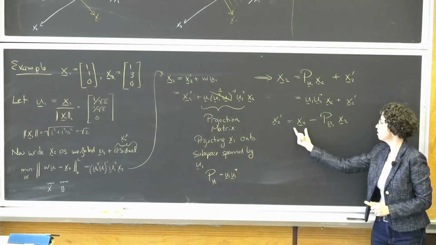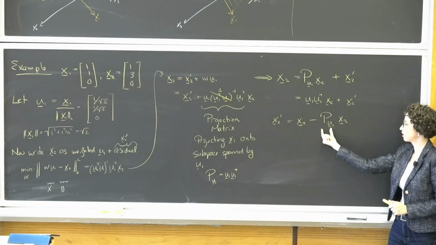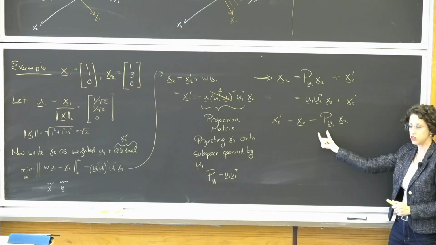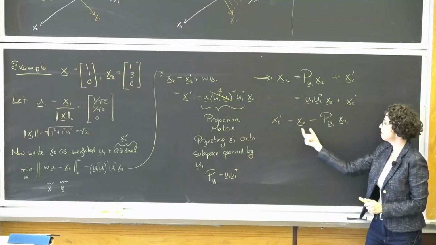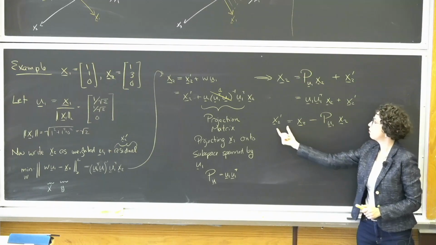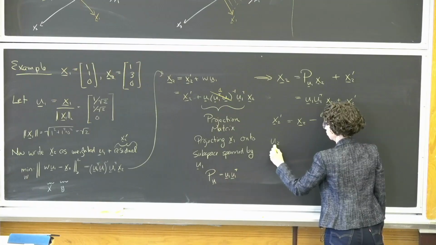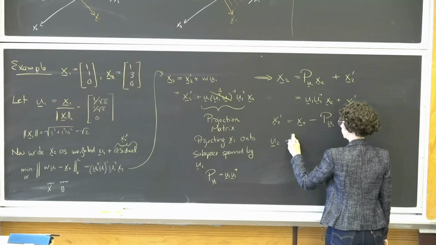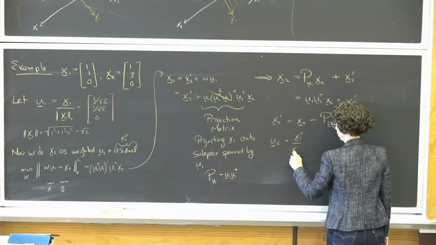So we've got x2, and then we subtract off everything that can be represented in x2 using u1, using our first basis vector. And it's this difference, this residual, that we want to use to form our new basis vector u2. So u2 is simply going to be the normalized version of x2 prime, this residual. I'm sorry, did I say u2 prime?